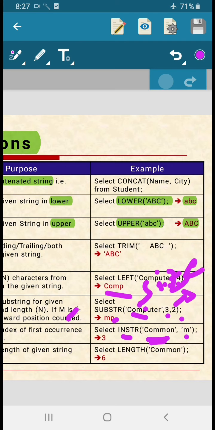First occurrence, it's not how many times it is repeating. The first occurrence is at the third character. Next, LENGTH gives the number of characters, how many characters are there here: 1 2 3 4 5 6, you will get 6 characters, right?